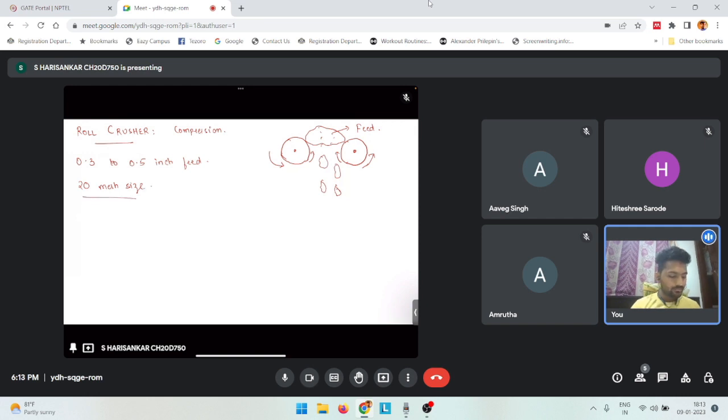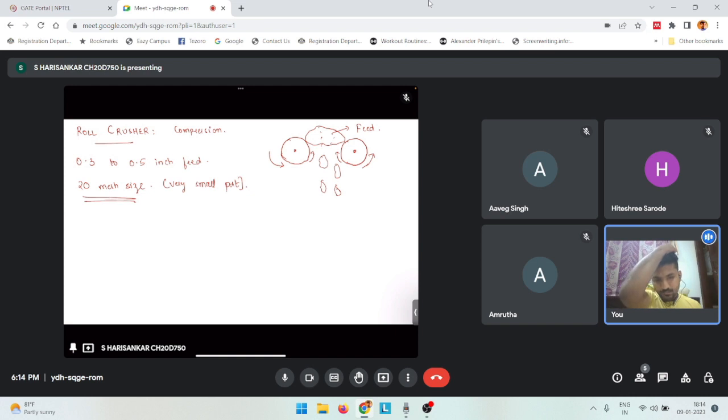What a mesh size means, what the mesh number means, we'll learn in the next few slides. But it means the size of your product is very small.